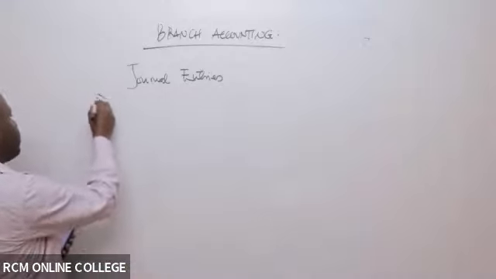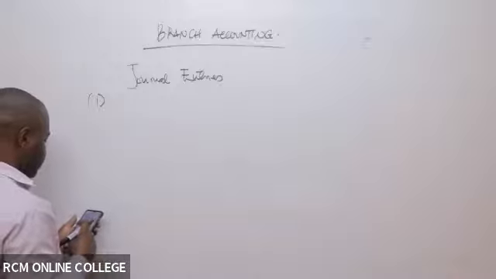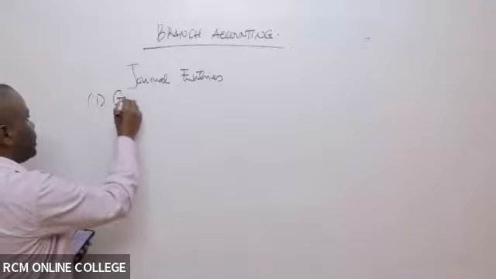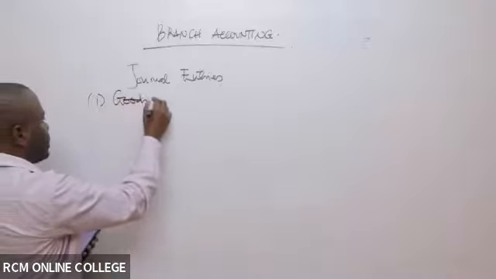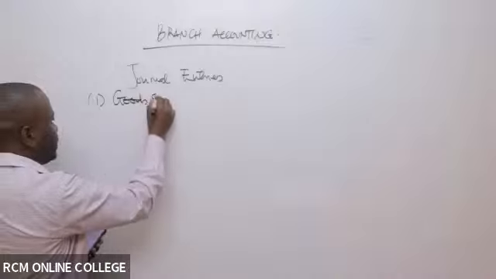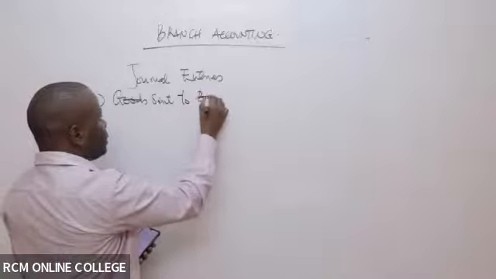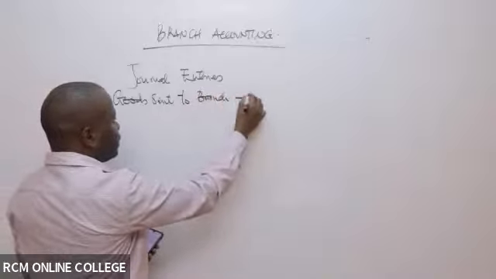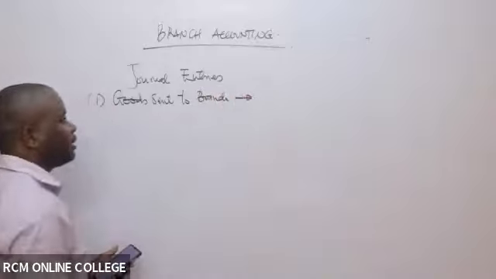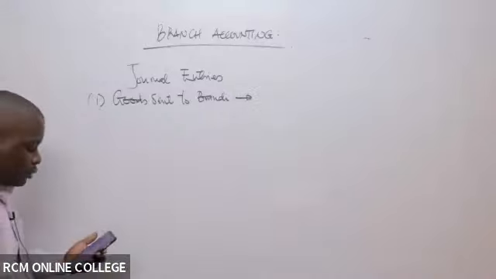For example, we can have a situation whereby goods have been sent to the branch. If goods are sent to the branch, how do you account for this?